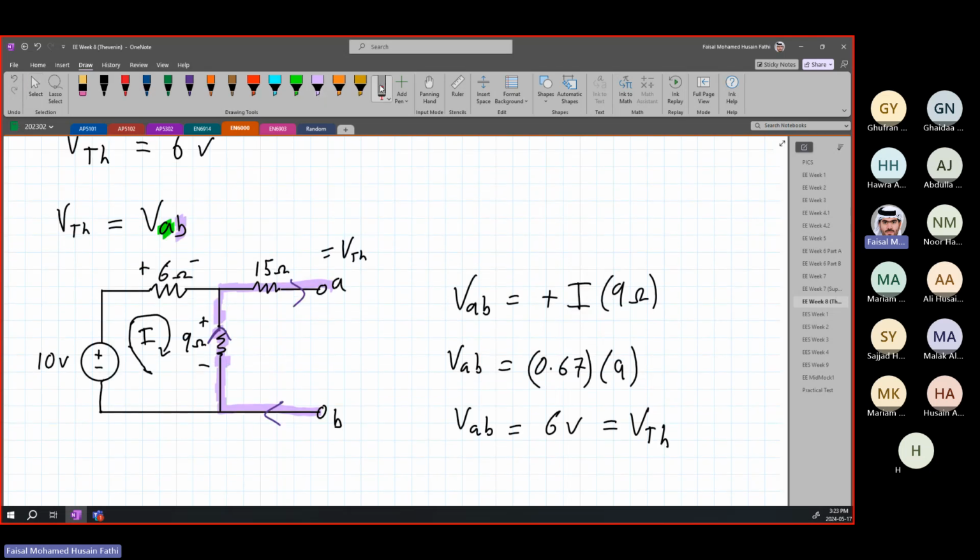Again, what we did is we followed the path. We start from B going to A because that's what VAB is. VThevenin is simply the voltage across A and B. So we go from B. We have a voltage gain here because we're going from minus to plus. So this voltage gain is simply I times 9.